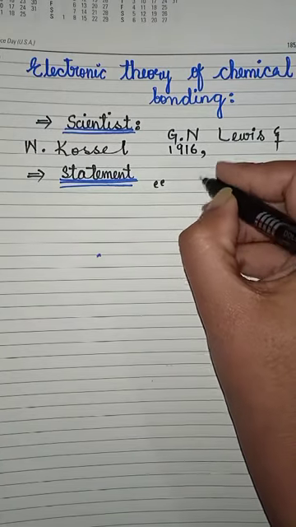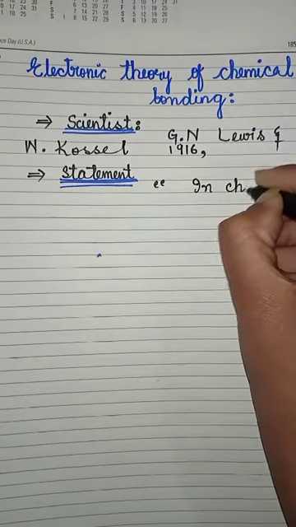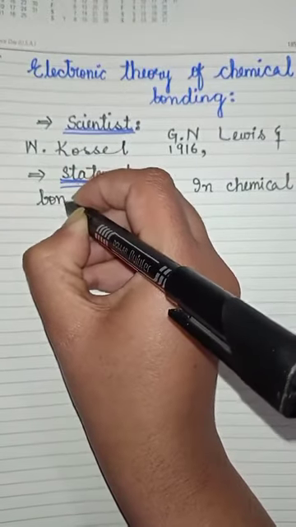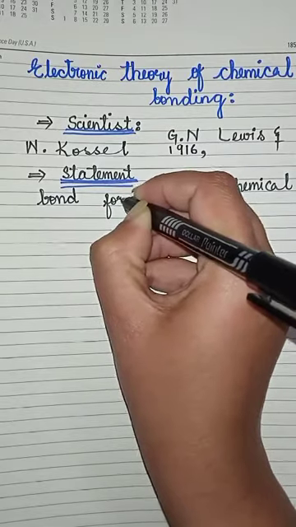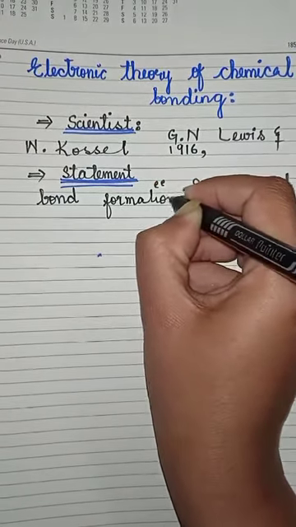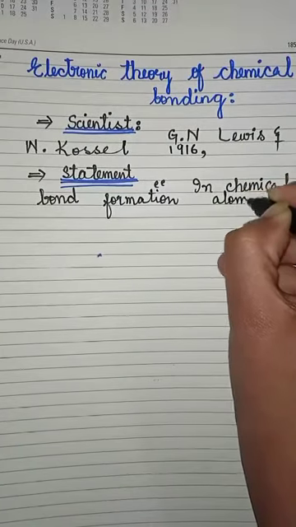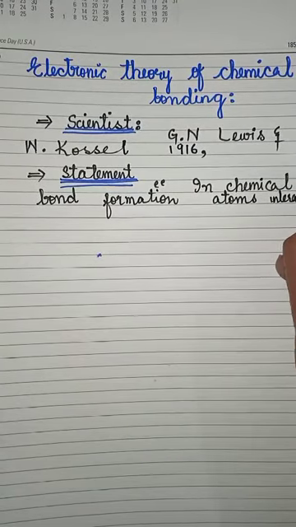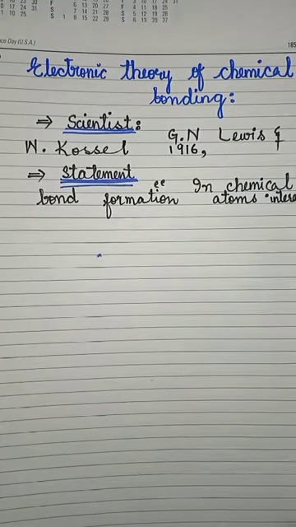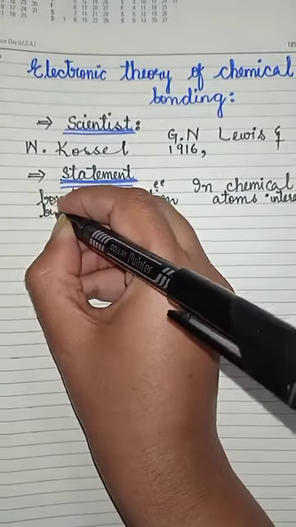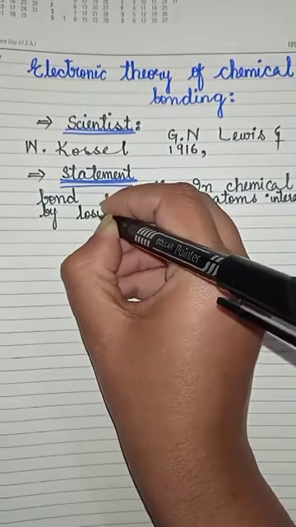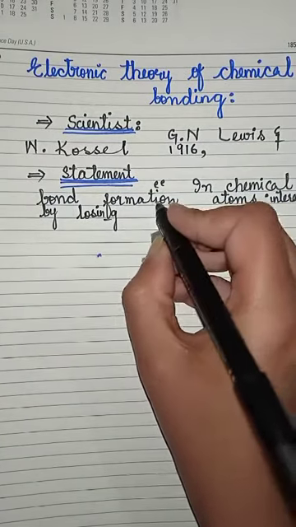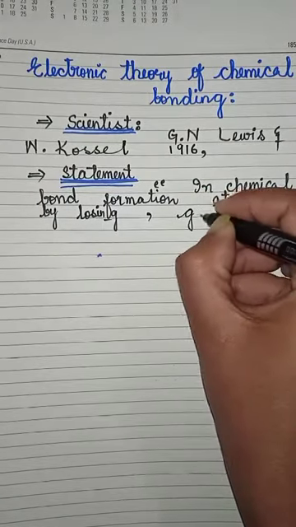They said that in chemical bond formation, atoms interact by losing, gaining or sharing electron. I hope my handwriting is clear.